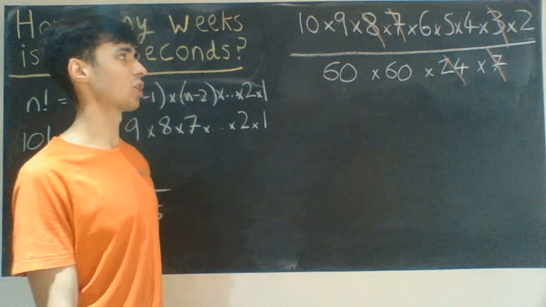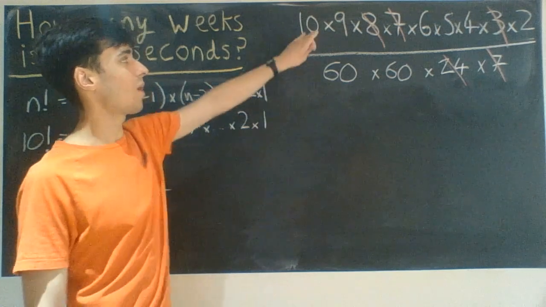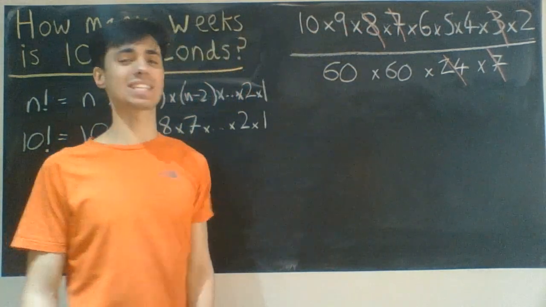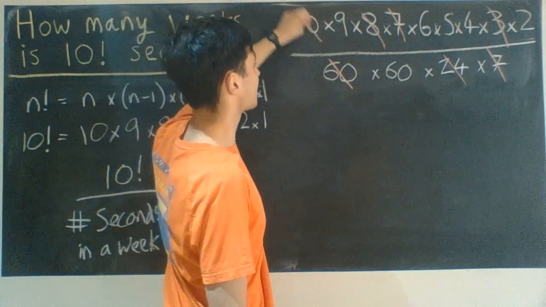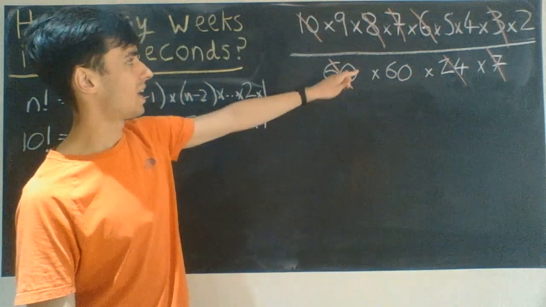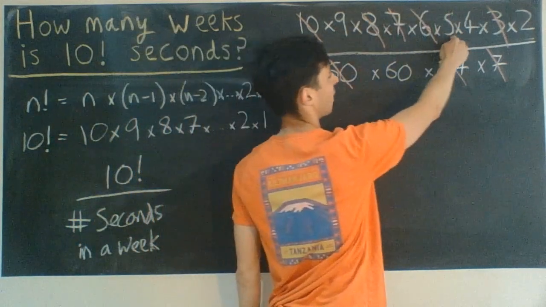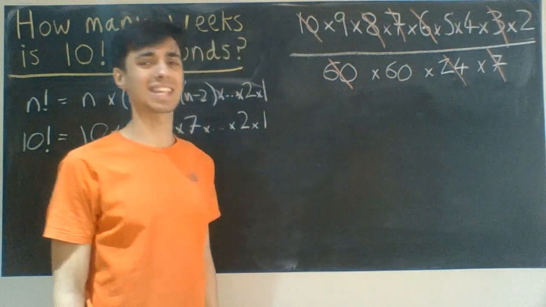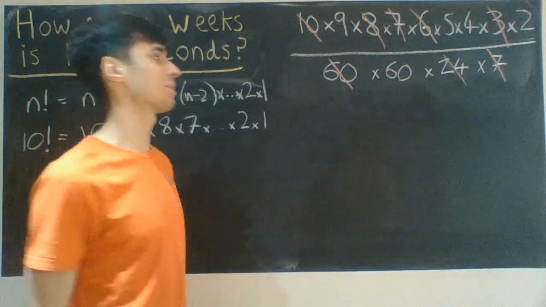Okay, well let's keep on going then. Can we see anything else that will work out for us? Well, I can see a 10 and a 6 on the top and a 60 on the bottom. Those will therefore cancel out. So 60 will go with 10 and 6. And then still here, I've got 60, I've got 9, 5, 4 and 2. Well, instead of this 60, let's break it down into prime factors and see if we can do anything nicer with it.